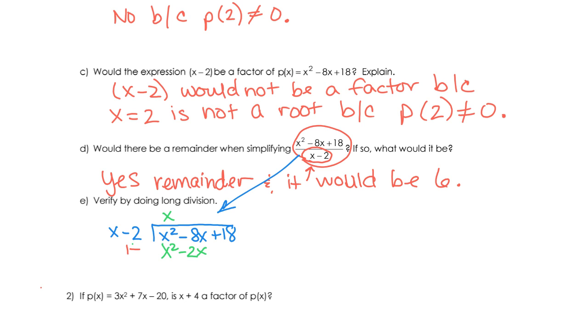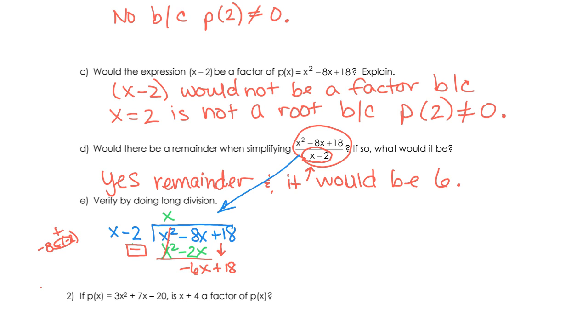Put our minus sign, and remember we have to use it twice, each one for each set of terms. So x squared minus x squared cancel, and this is -8x minus a -2x, which is really negative 8 plus 2, which is negative 6x. Bring down our plus 18.